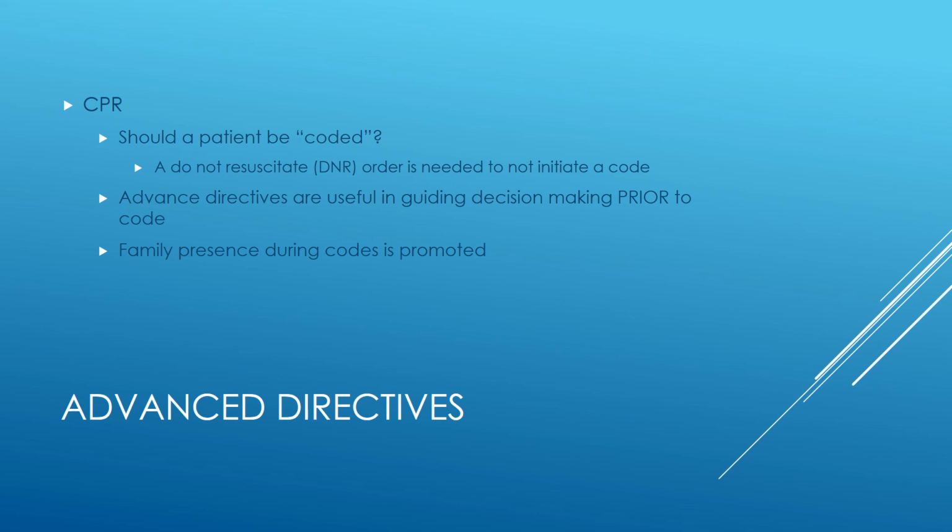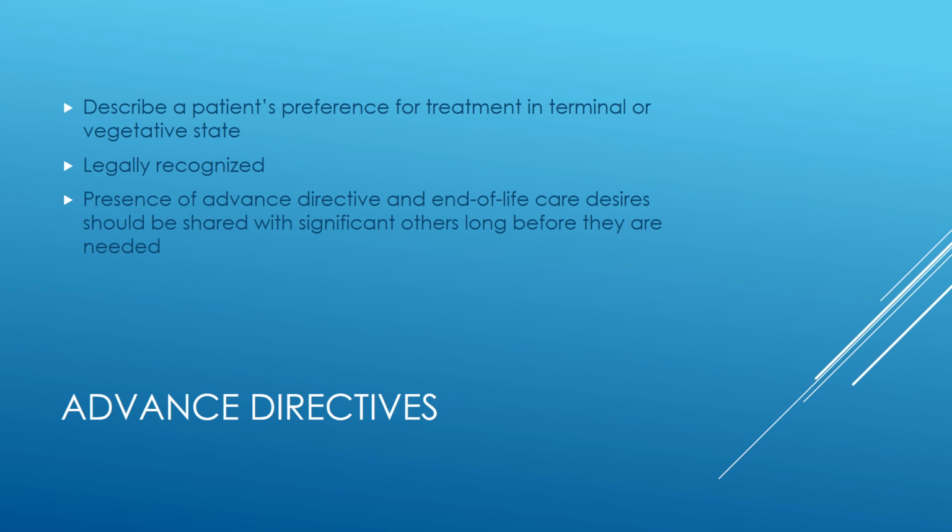It's actually the opposite. And they want to be there with their family member in case they do pass away. Advanced directives describe a patient's preference for treatment in terminal or vegetative states. It's legally recognized. Presence of an advanced directive and end-of-life care desires should be shared with significant others long before they are needed.